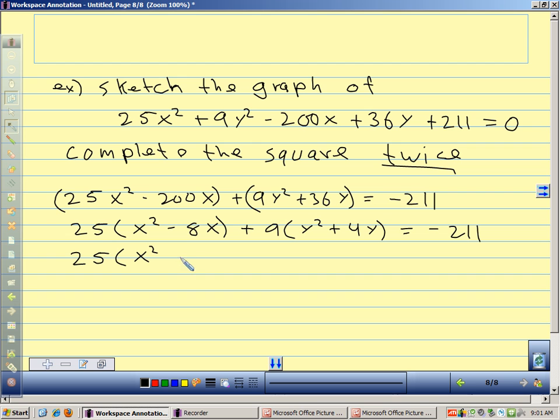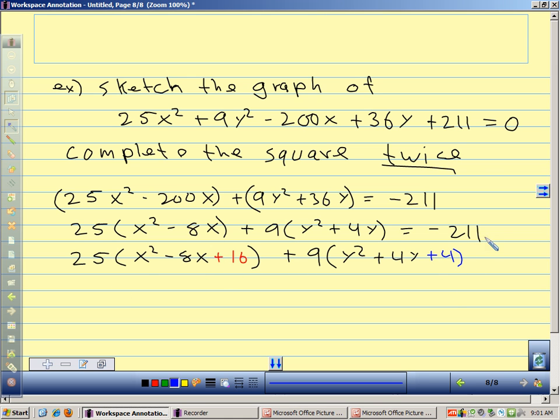We square that, we get 16, so we get minus 8x, and I'm going to put this in red, plus 16. Plus 9, we complete the square on the y part. Y squared, b is 4. 4 divided by 2 is 2, and we add that squared. 2 squared is 4, plus 4y. I'm going to put this in blue, plus 4.